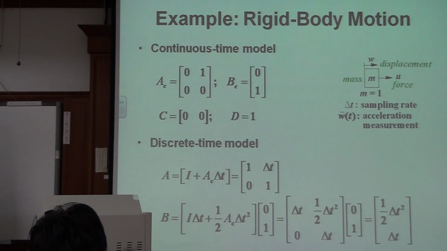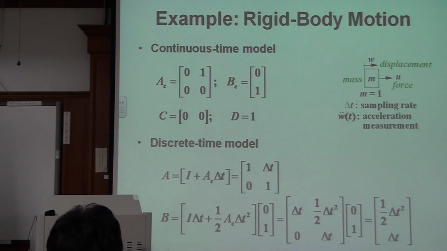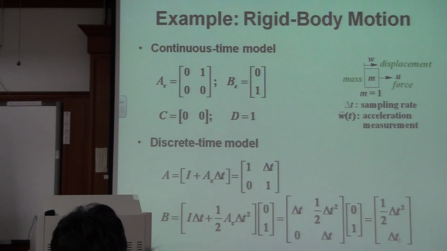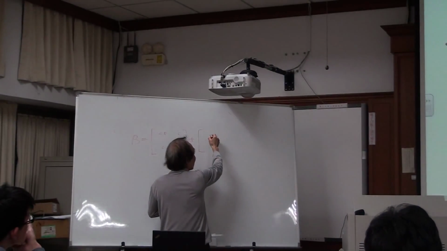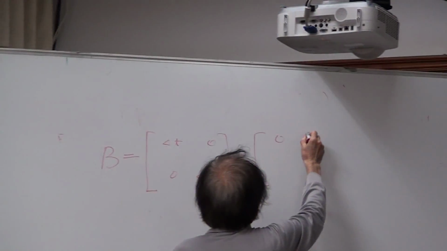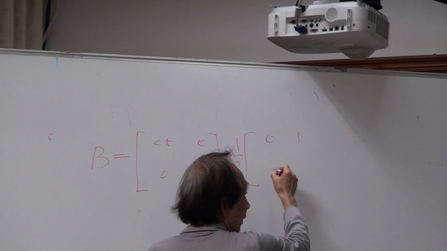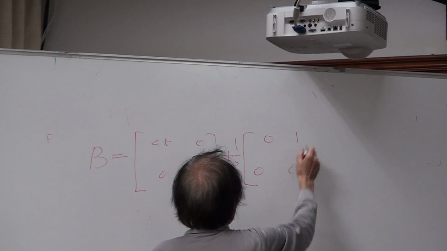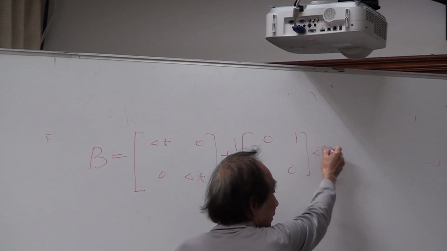So if that's the case, my B will be delta t 0 delta t plus, for Ac is 0 1, half 0 1 and 0 0 times delta t squared.